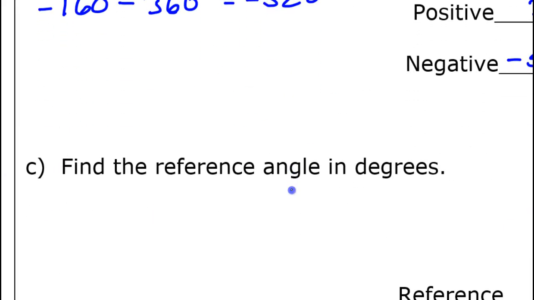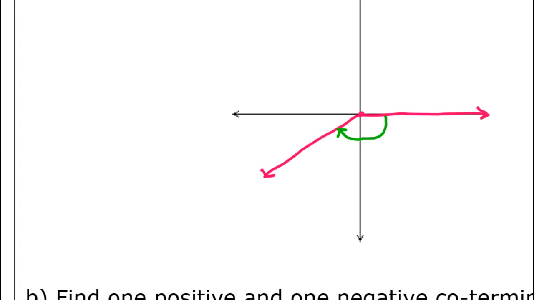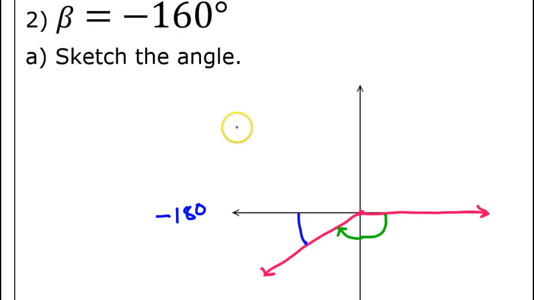Now the reference angle in degrees. Remember, the reference angle is the angle between the terminal side here and the x-axis. It's got to always be positive, so be careful of that. If I had kept going, I would have gotten to negative 180 degrees. But instead, I had to stop at negative 160 degrees.